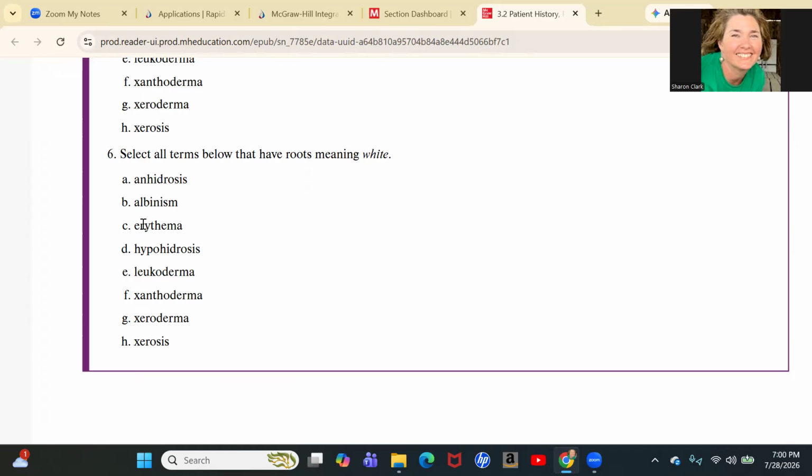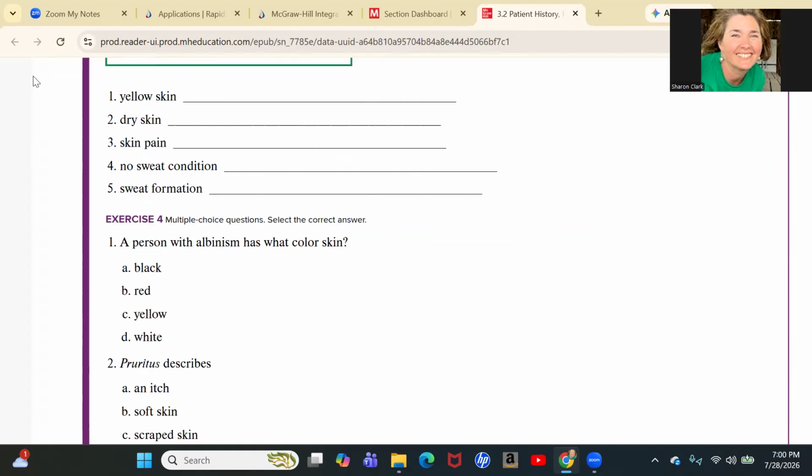We know it's not erythema because erythro means red. Hydro means sweat. Xantho means yellow. Xero means dry. So the two that mean white are leuko and albino. So if you circled B and E, you are correct.